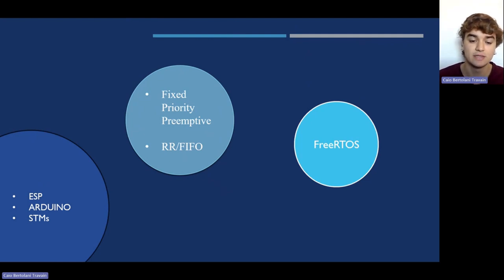It also has the option to change between round robin and first in, first out when you use the same priority scheduling. So this is one of the differences in FreeRTOS, and it's basically used on IoT systems like in your intelligent home or microprocessors in small embedded systems.